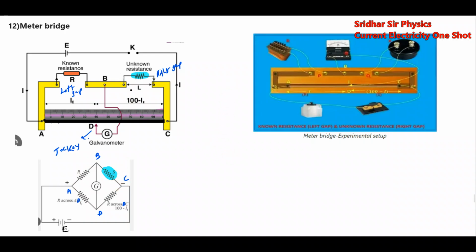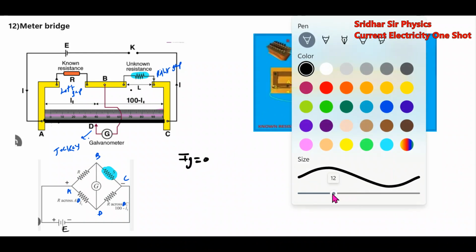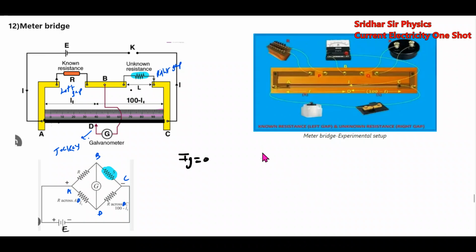Now when the current through galvanometer is 0, what we can write here: RAB by RBC is equal to RAD by RDC. What is RAB? R, and this is S. This will be lambda into L1. This will be lambda into 100 minus L1.